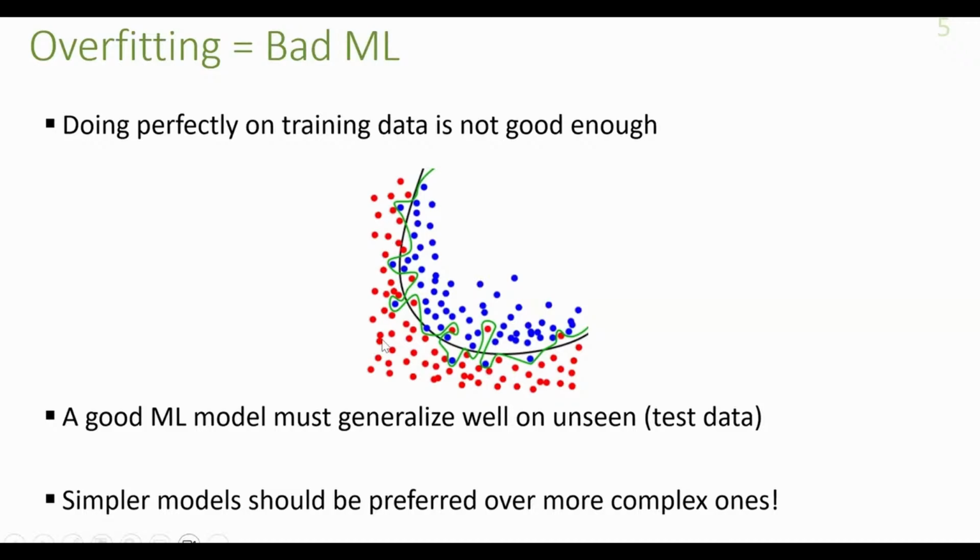So here, if you calculate the training accuracy for the green model and the training accuracy for the black model, in case of the green model, you may get 100% training accuracy, and if you use this black model, you may end up getting, let's say, 97% or 98% training accuracy.